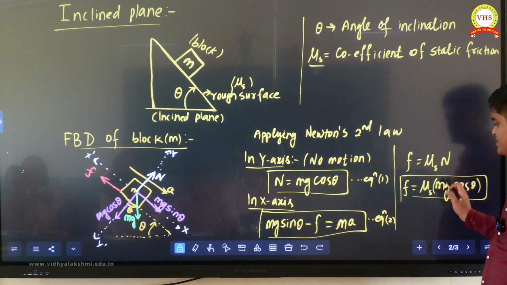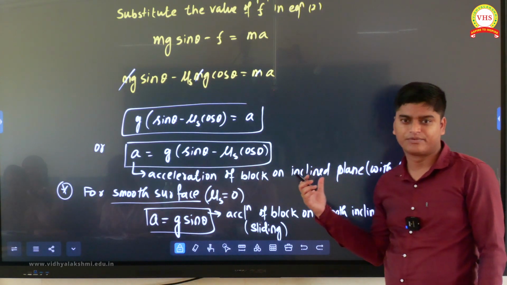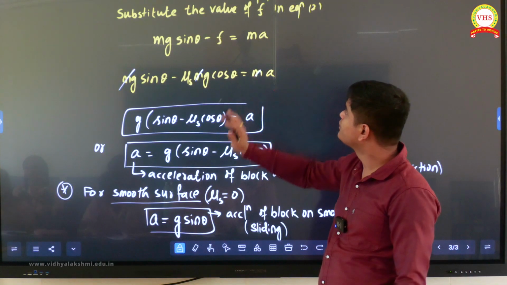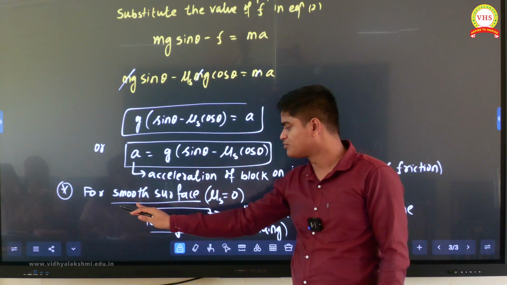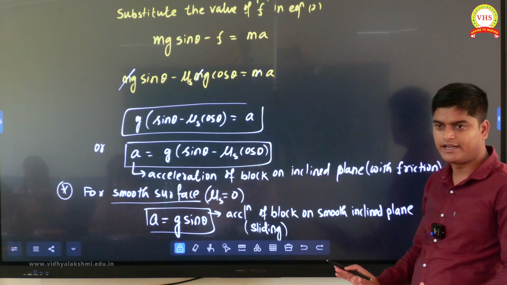Then friction is mu s n, the maximum static friction. Then I substitute f in equation 2 and get the acceleration. If I substitute mu s equal to 0 for smooth surface, the acceleration is g sin theta. Clear idea? No doubt here?